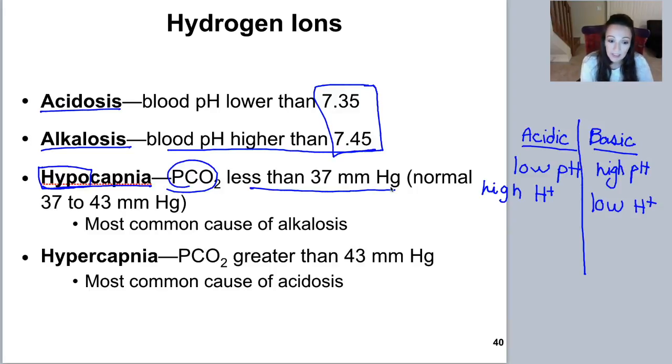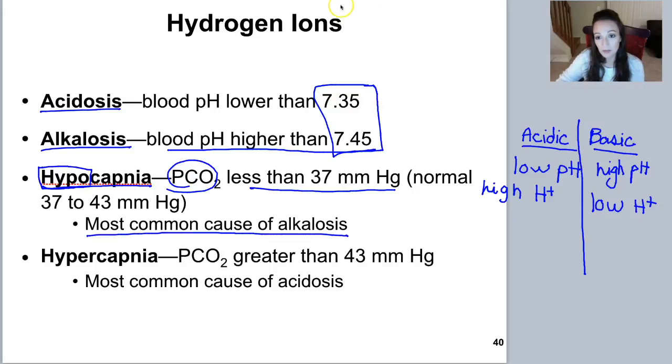Okay, and it says down here that this is the most common cause of alkalosis. So we need to think about why this would be. Why would this cause alkalosis? I want to go ahead and write out this equation so we can revisit it.